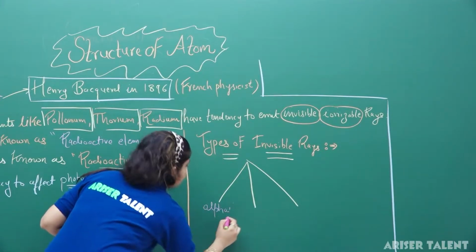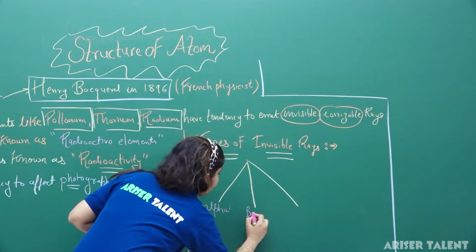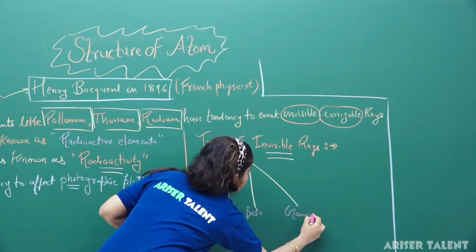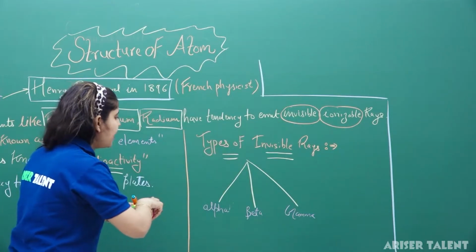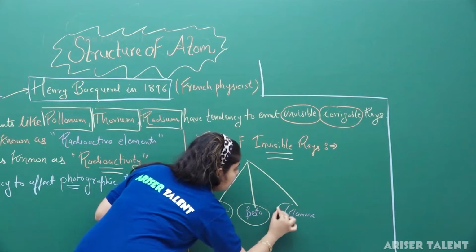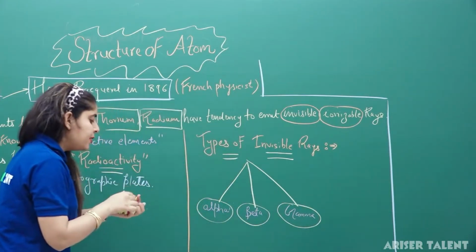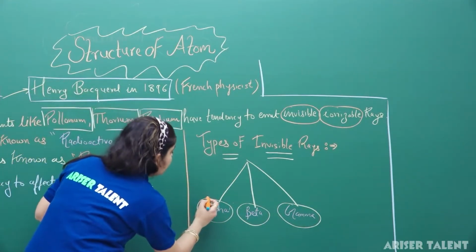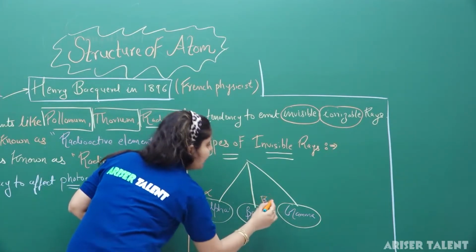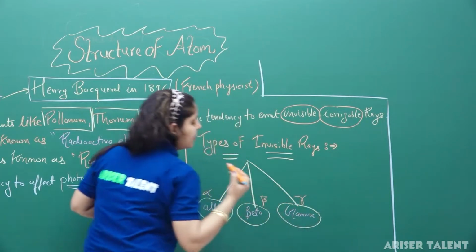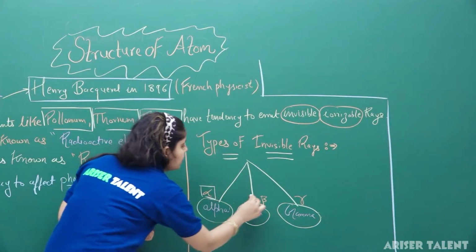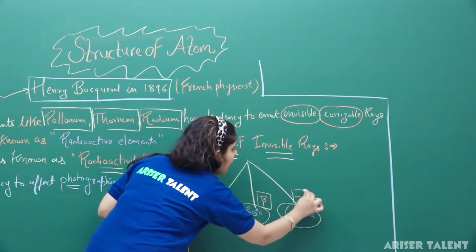Alpha rays, beta rays and gamma rays. We have different symbols for representing them. For alpha we will use this symbol, and for beta we will use this symbol, and for gamma we have this symbol. So this will be the symbolic representation of these types of rays, that is alpha, beta and gamma.